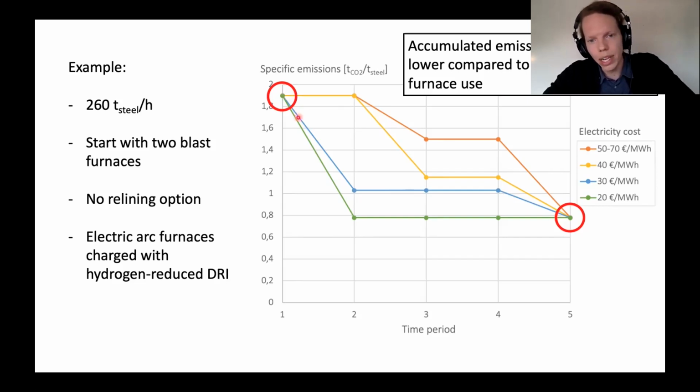While if we directly move to this hydrogen-reduced production of steel, then we get almost 50% lower emissions, given that I have here assumed emissions from electricity according to current levels of grid electricity emissions in Finland.